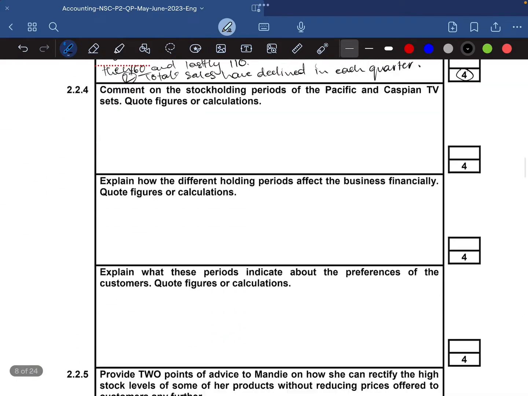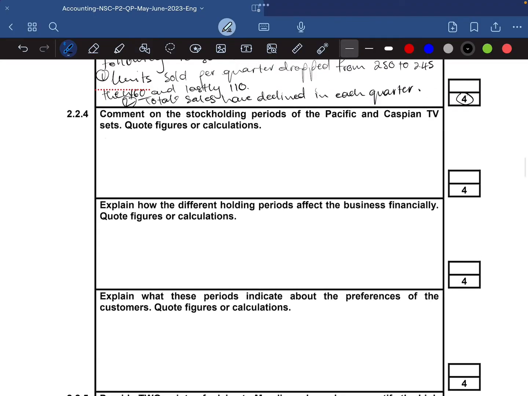Okay, so I'll just say P for Pacific. Pacific TV sets stock holding period. Okay, let's just shorten this. Stock holding period is 184 days, which is 6 months.